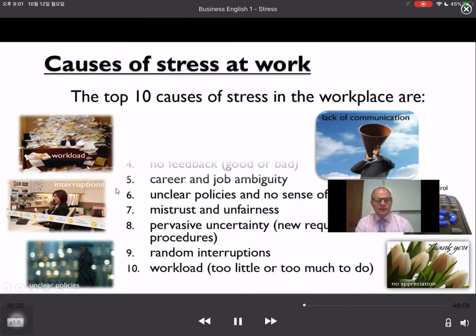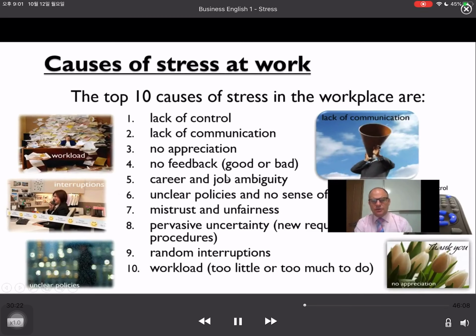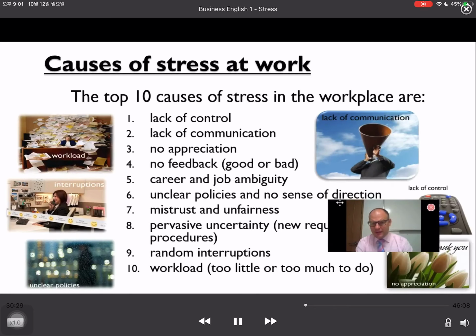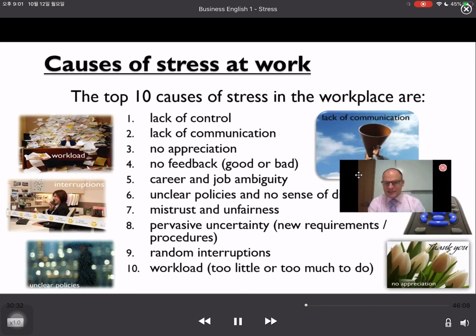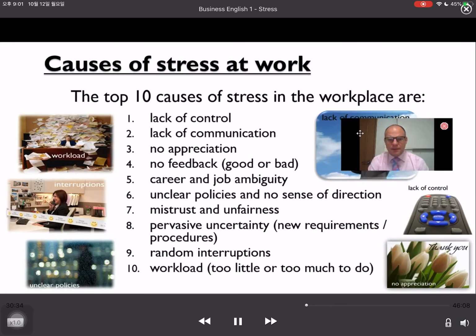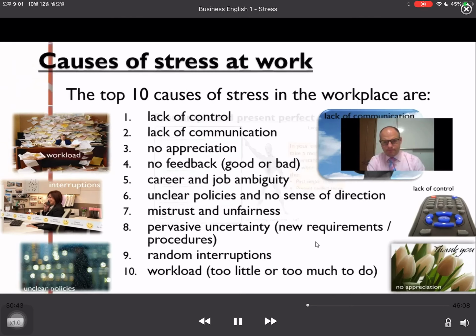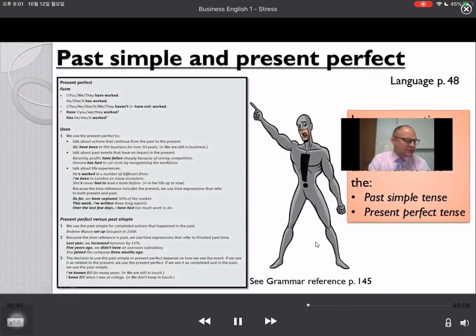There you go. There's just a few causes of stress that you can find. Once you finish the reading, have a look through them and see if you can think of any that maybe you've experienced, maybe in your work life or in your student life. There you go. And just going back to that reading again, if you look in the book, there's a lot of different extra questions.